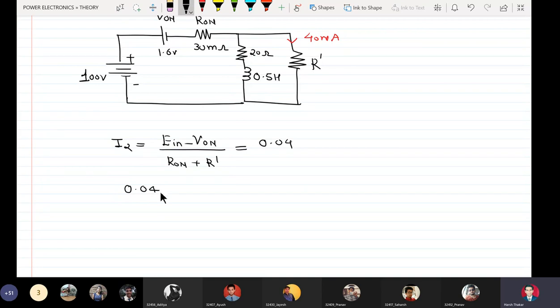So 0.04 is equal to 100 minus 1.6 upon 30 milliohms, that is 0.03, 0.03 plus R dash, which is equal to 98.4 upon R dash plus 0.03.